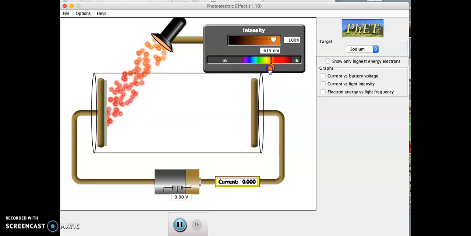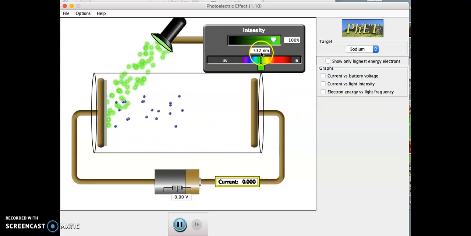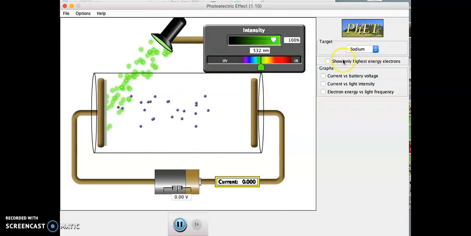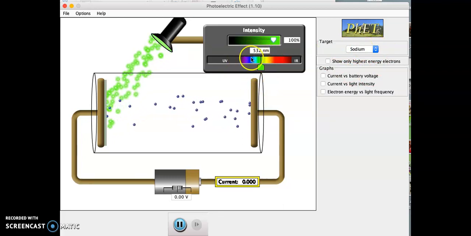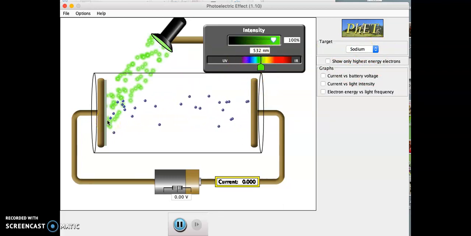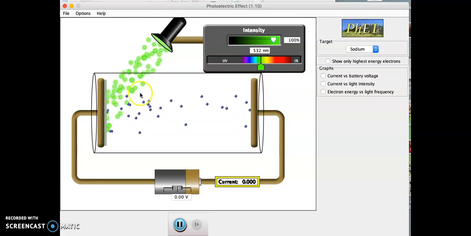And at some point, we find that there is a color at which electrons start coming out. Oh, there it is. The electrons started coming out. This 532 nanometers for the sodium atom must be the minimum amount of energy needed to cause electrons to break that bond with the atom and get released.